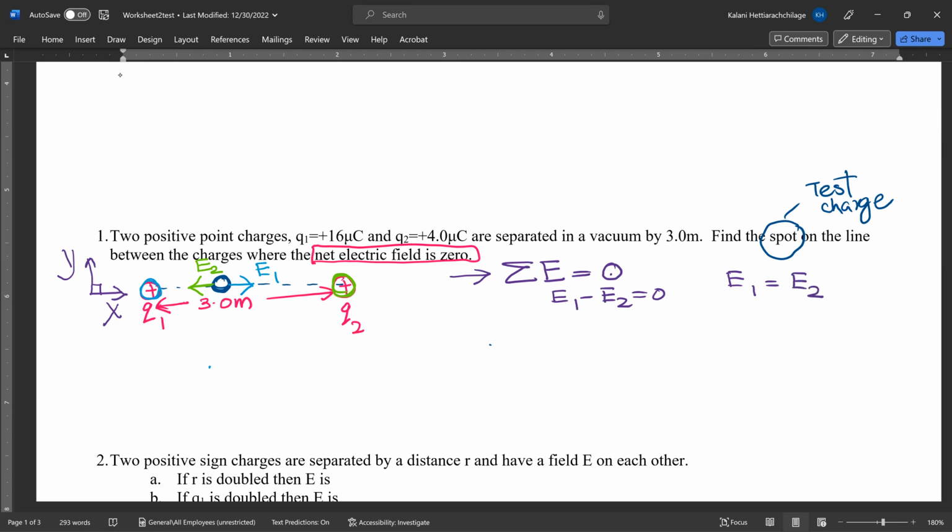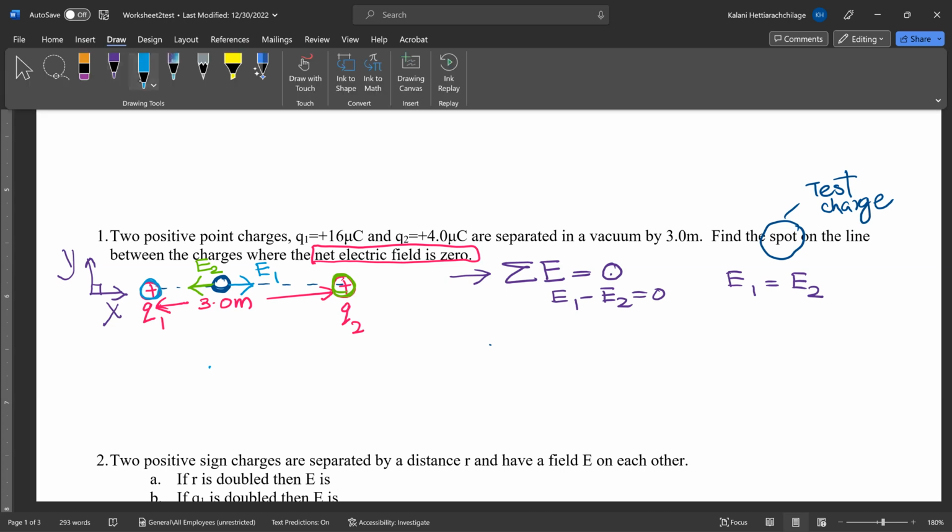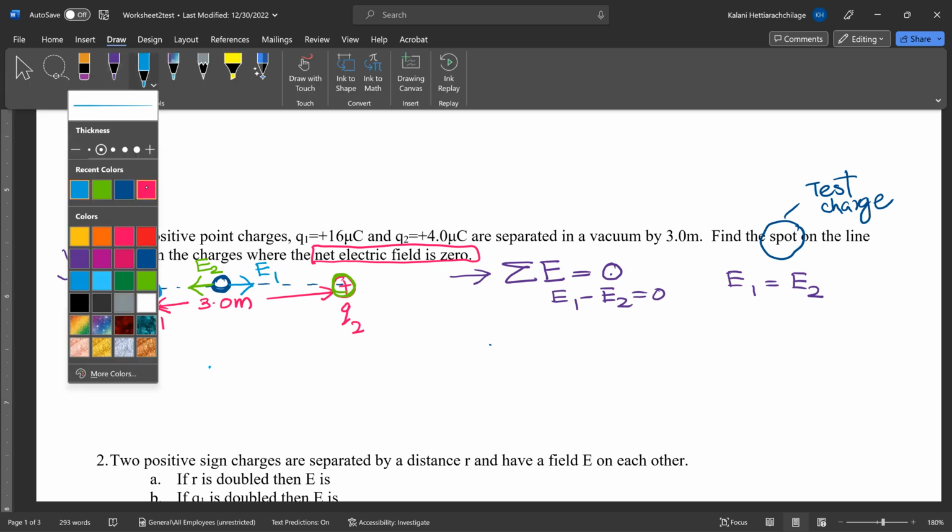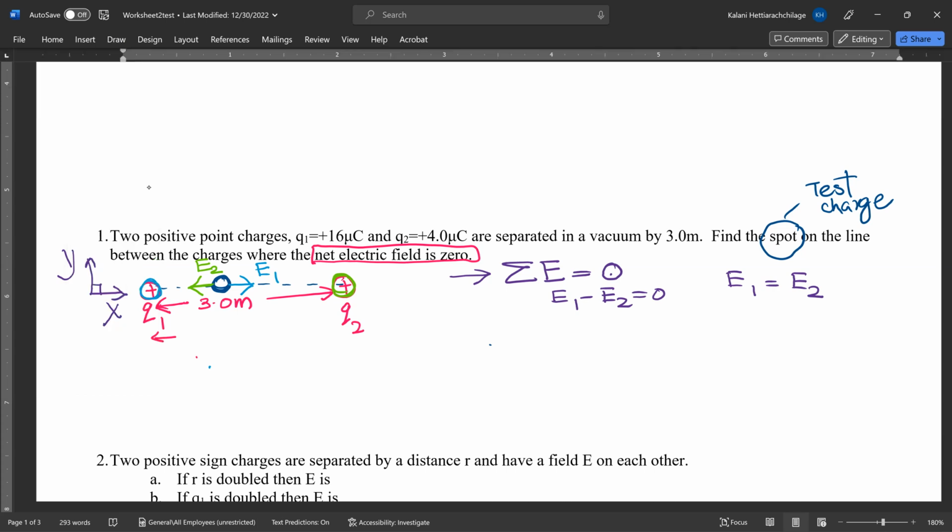So now let's write E1 and E2. We don't know this distance yet. The distance is the one that we need to find out. So let's label the distance from this charge to the spot that you select as electric field 0 as x. And as soon as you know that, the other distance will be 3 minus x, right? So now let's write E1 and E2 here.